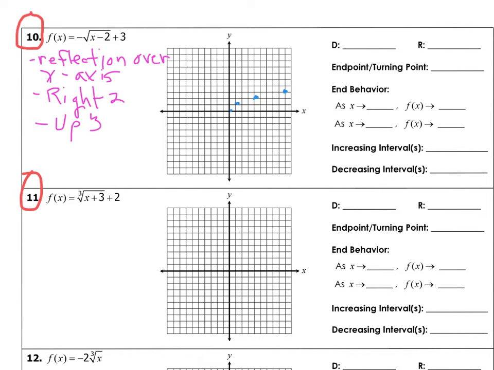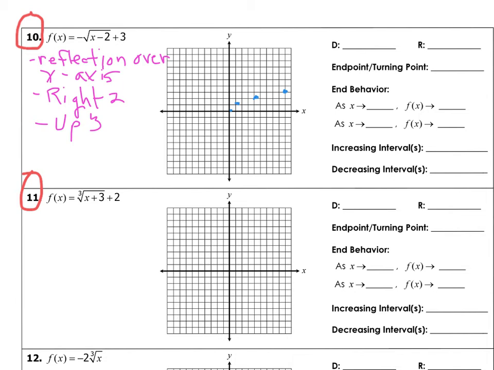I am expecting this to go right 2, up 3, and then reflect over this x-axis. So if it's 3 away, you got to be 3 away on the other side. All right. So I'm going to do this in 2 different colors. So I'm going to first do my right 2 and up 3, and then I will do the reflection last. So I'm going to move everything right 2 and up 3, and then I'll reflect.